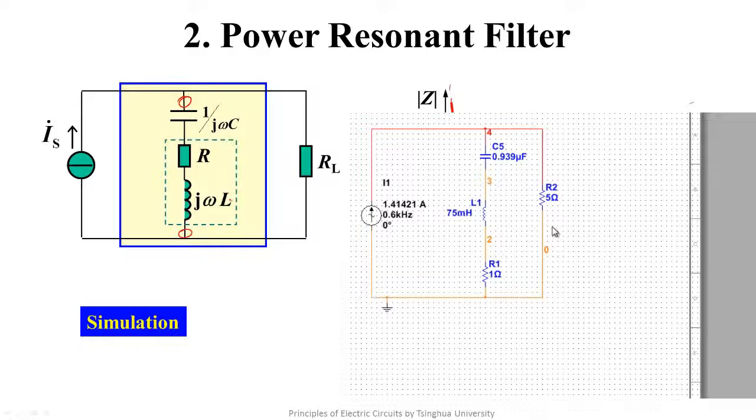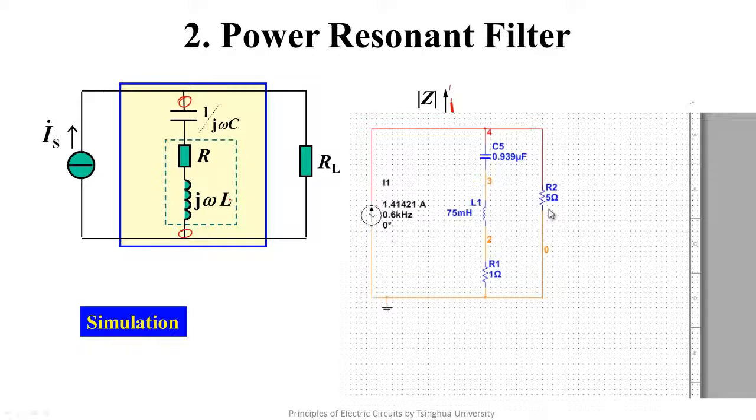In this circuit, a current source provides power to the load. A band-stop filter is in parallel with the load. According to the values of L1 and C5, we can solve that the resonant frequency is 600 Hz. At 600 Hz, the impedance of the whole branch is 1 ohm.